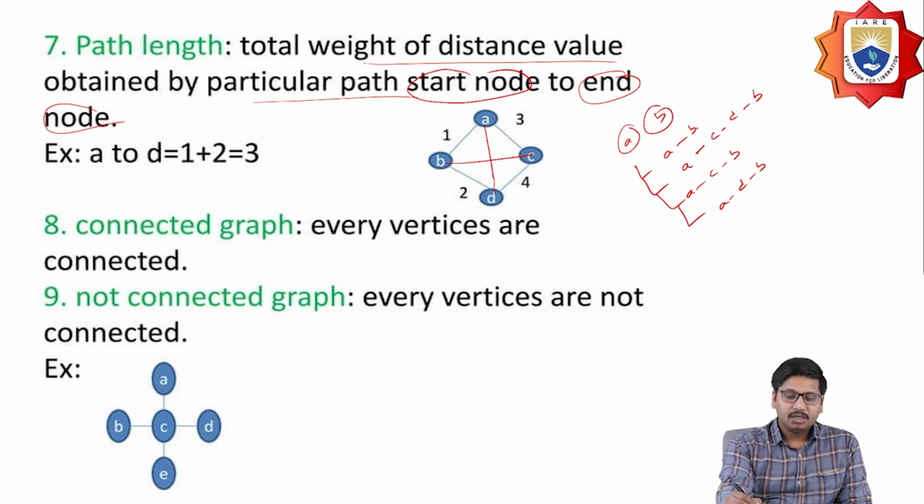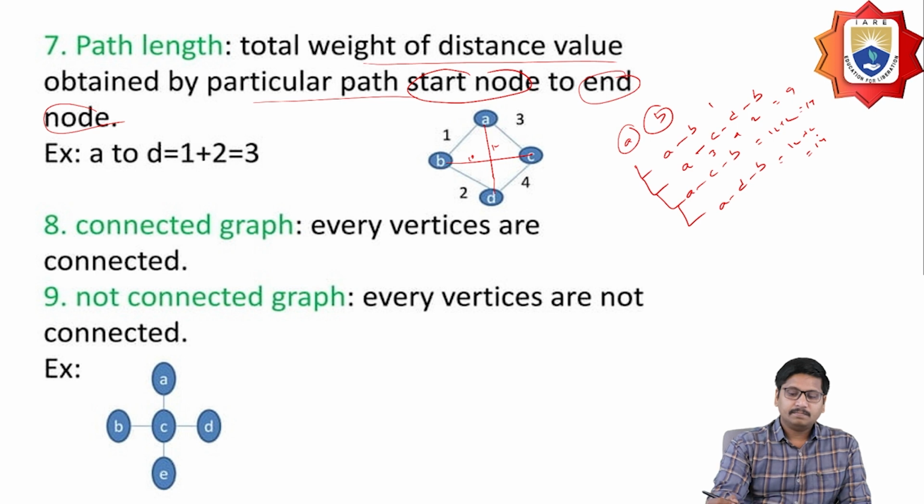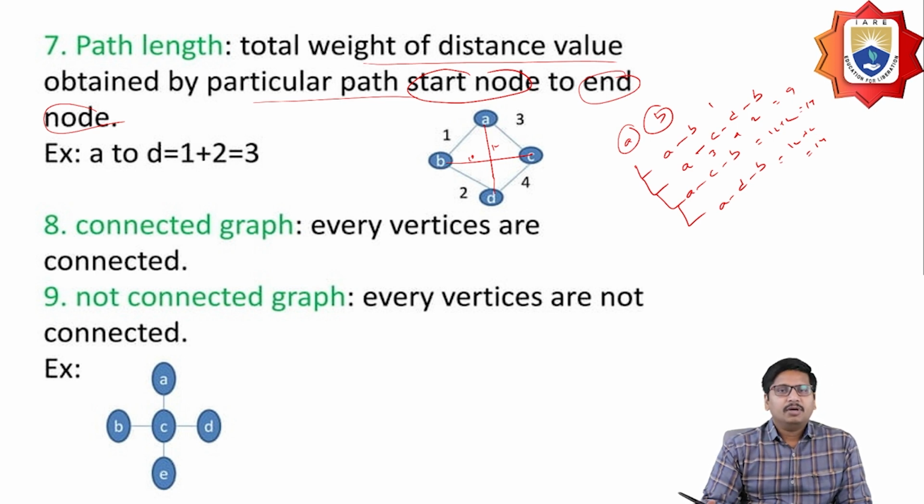The length of AB is 1, and AC is 3 plus 4 plus 2, that should be 9, and here it should be 12, then 12 plus 2 is 14. Like this we find out the length of the path from starting node to ending node.